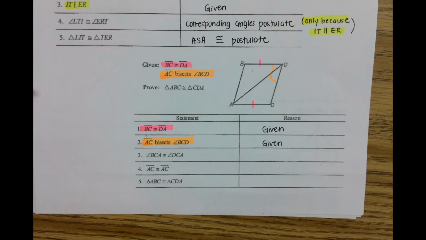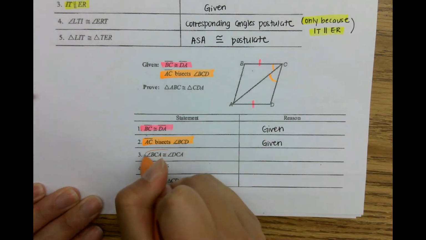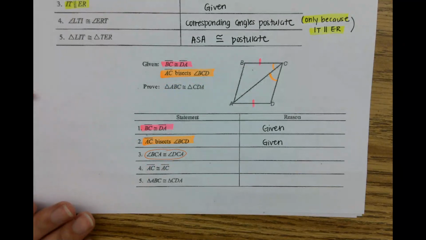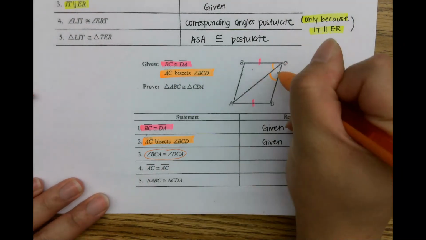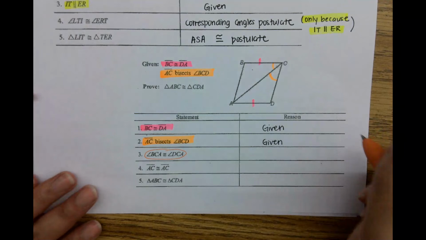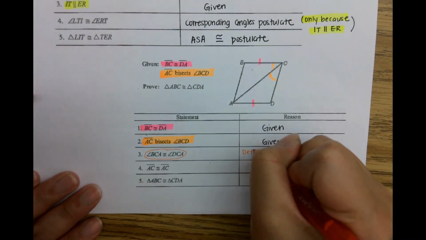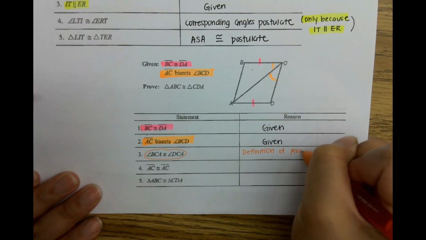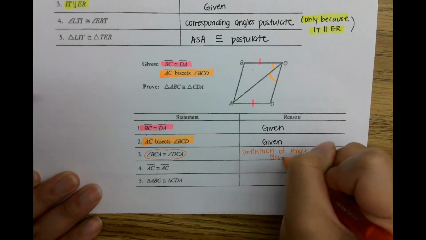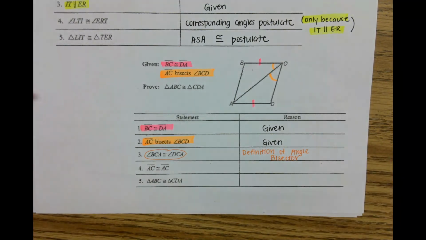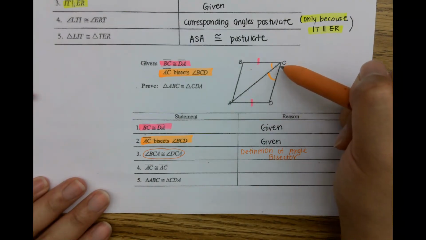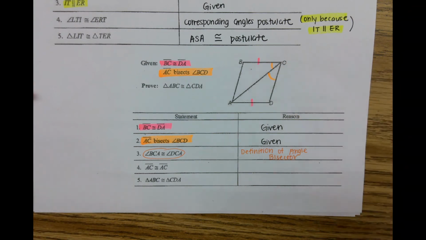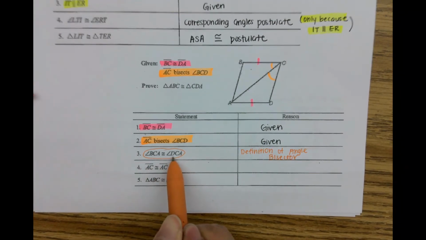And so that's why you then see here that because it cuts it, angle BCA and angle DCA right here are congruent. And the reason why is that's the definition of angle bisector. So because AC cuts that angle, it bisects that angle into two equal halves, the angles that result are congruent.